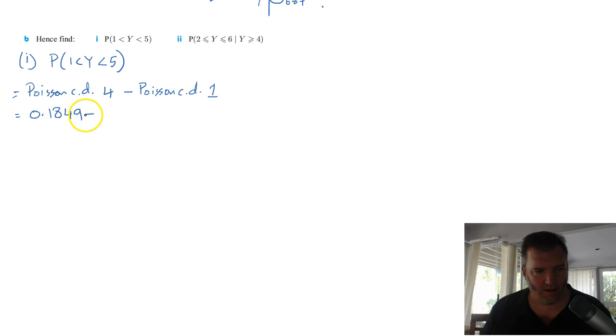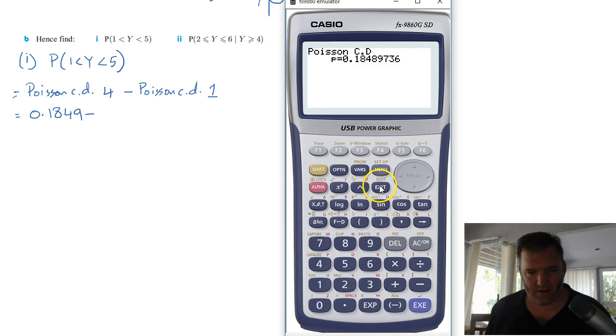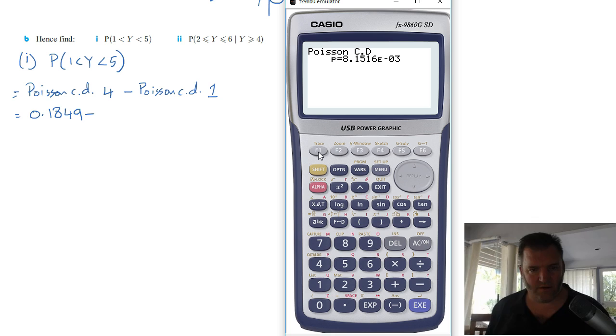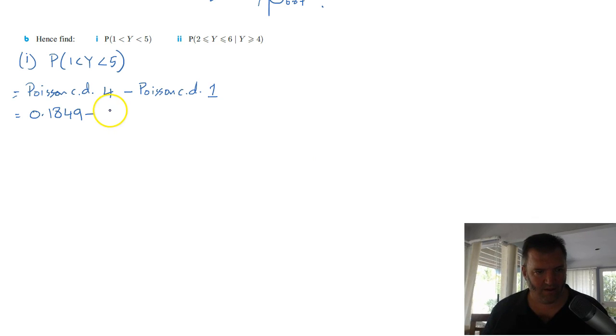0.1849 minus the probability of up to and including 1. Just go back and change that 4 to a 1. Calculate that one. 0.0082. You can see the 3 decimal places that it was moved there.